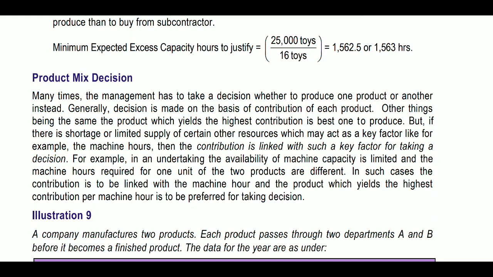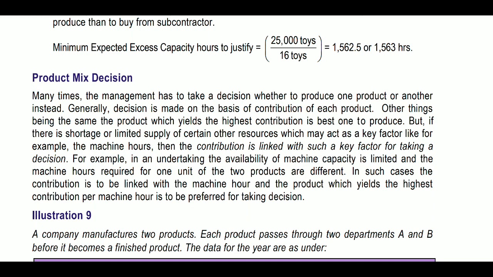Other things being the same, the product which yields the highest contribution is the best one to produce. Normally we go with the product providing the best contribution.